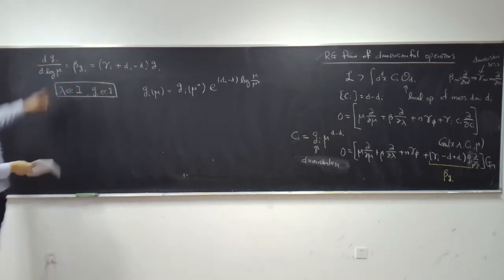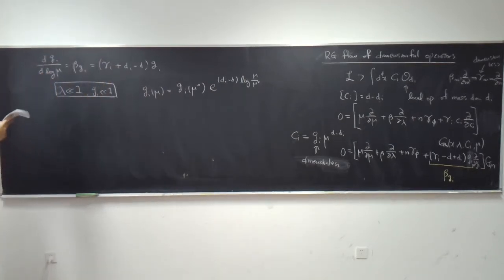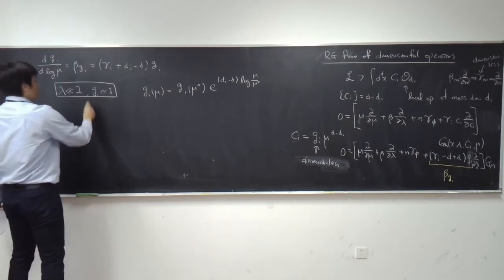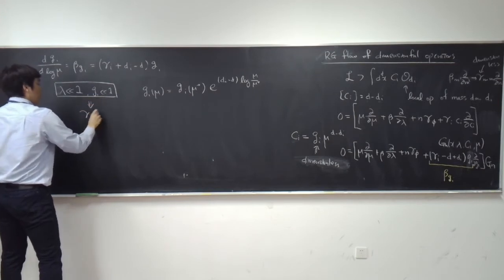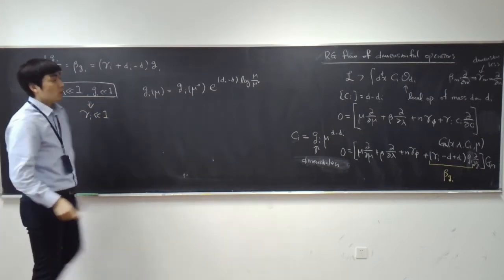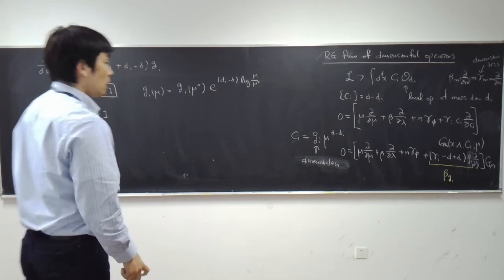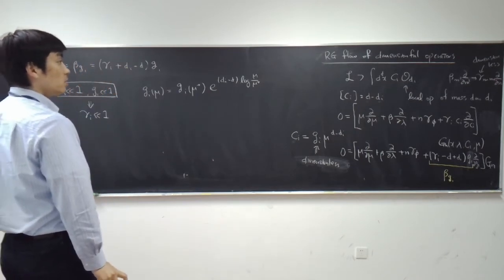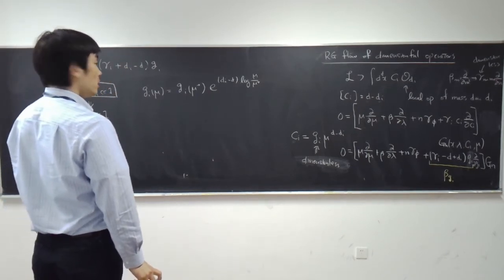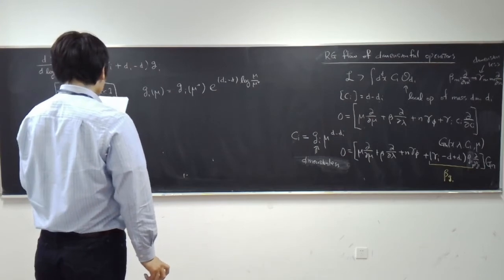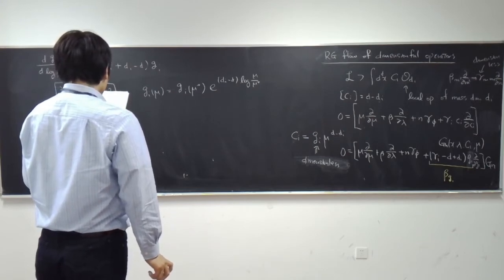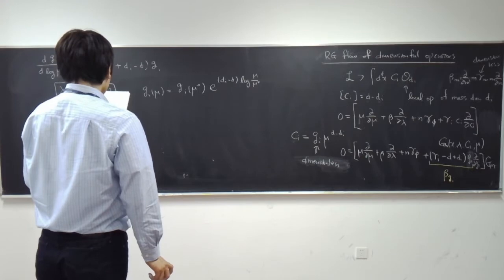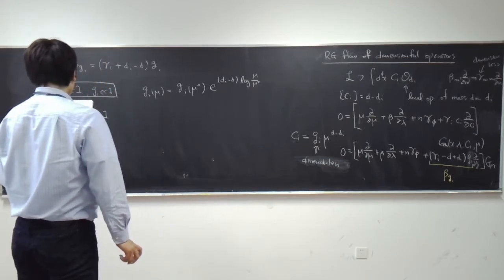So if you solve this equation, this means that the gamma I is really small.